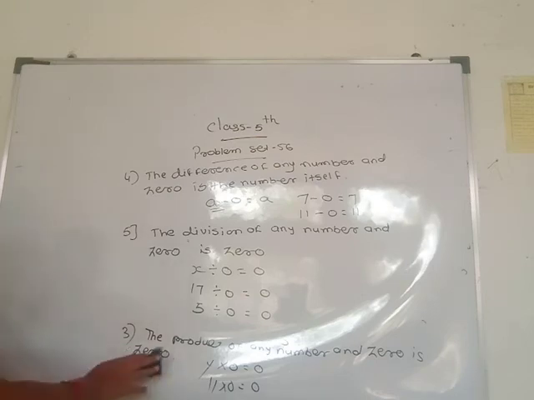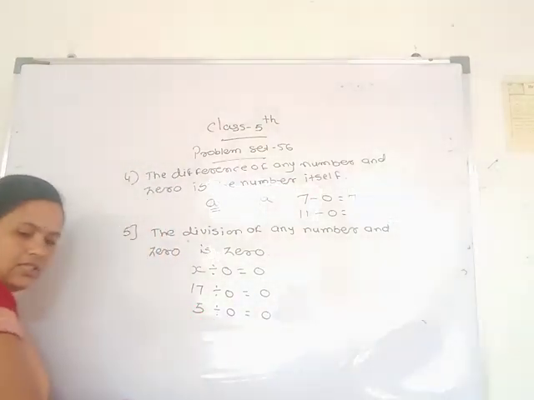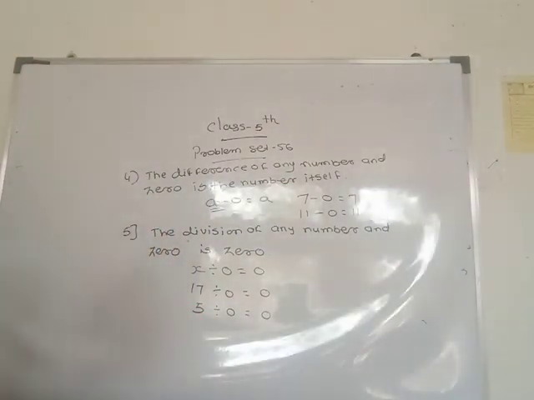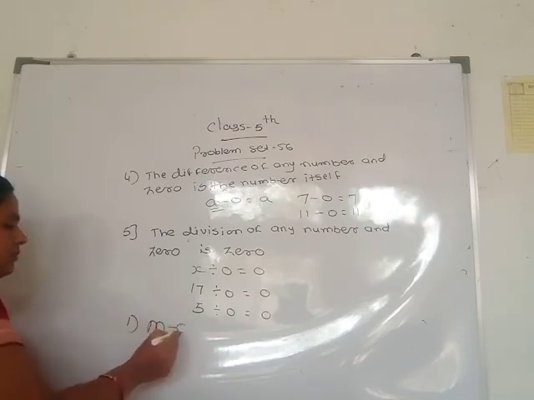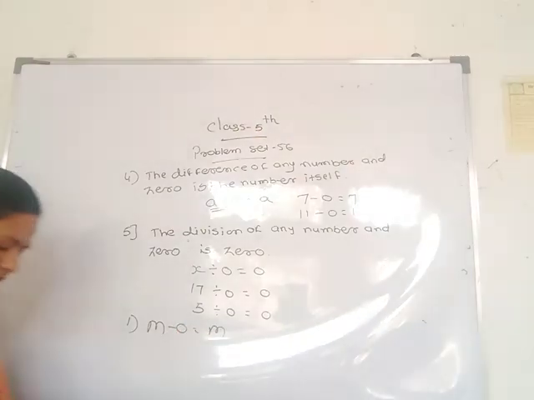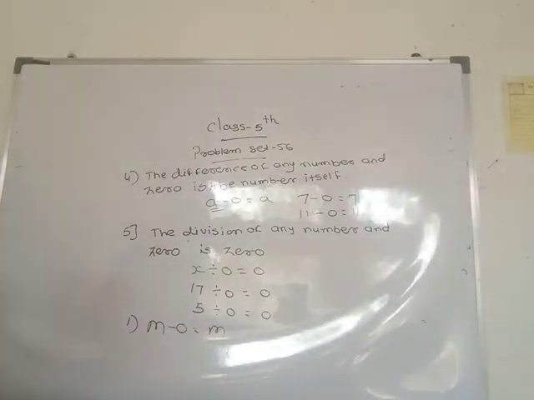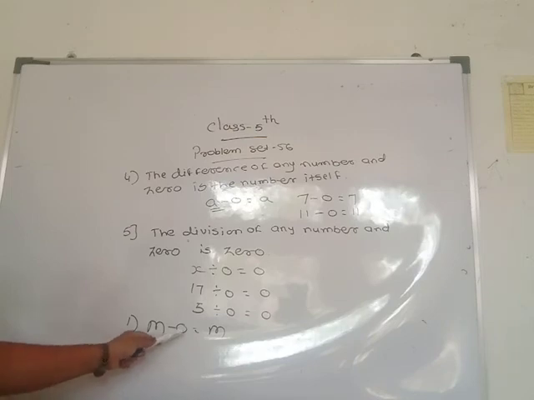Then next one, in this problem set 56, one question remains. See here, write the following properties in words. Here properties are given and you write these properties in words. Suppose m minus 0 is equal to m. Then you write: the difference of any number and 0 is the number itself.